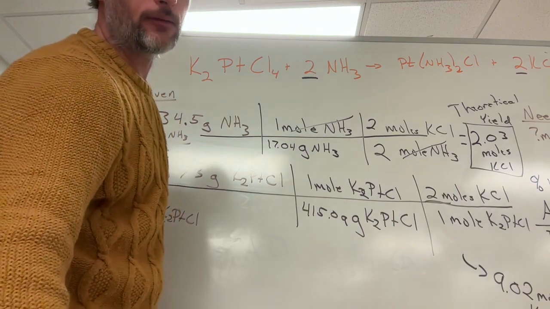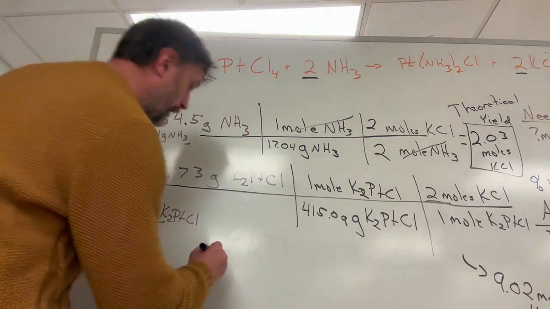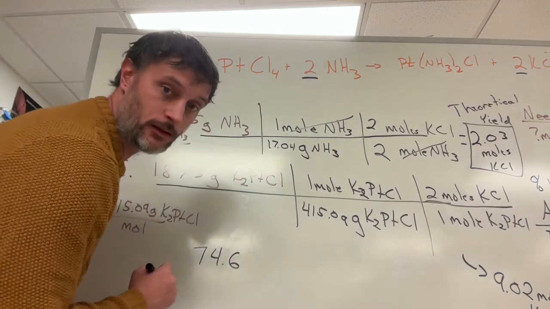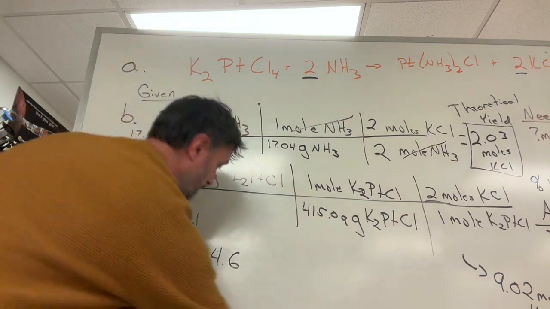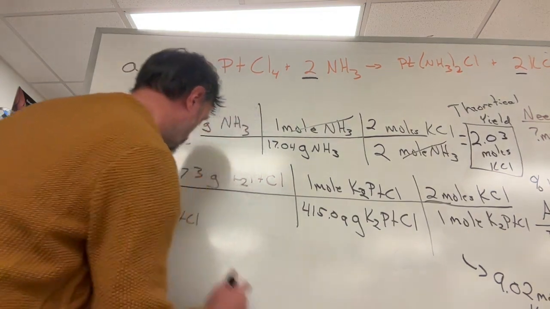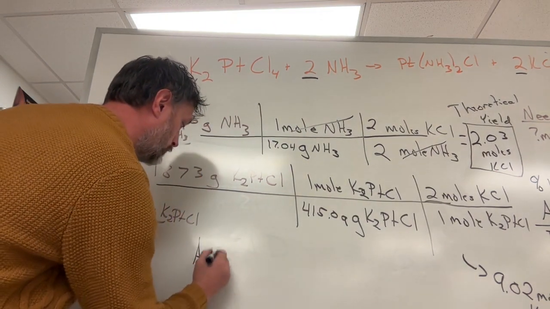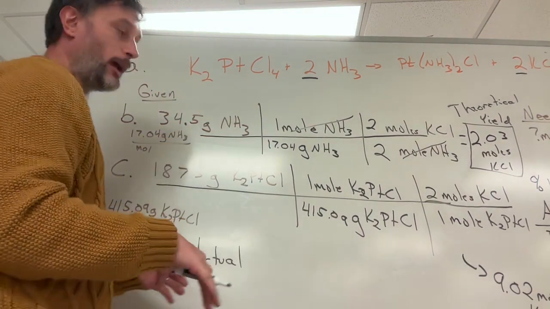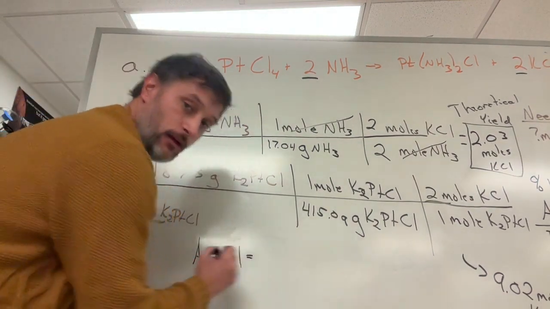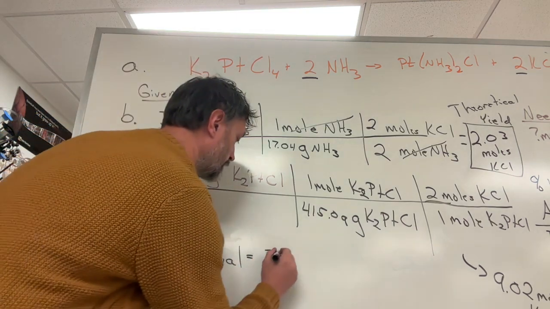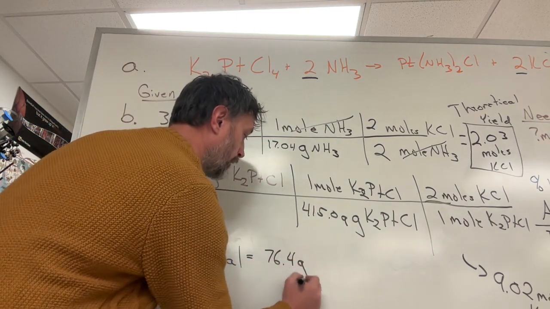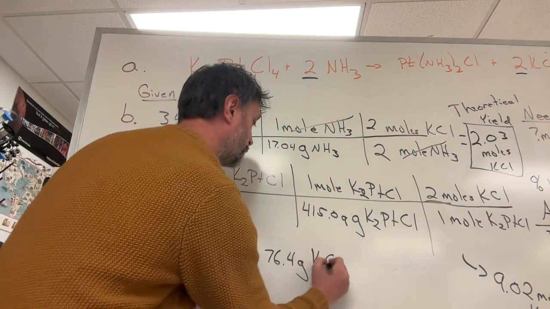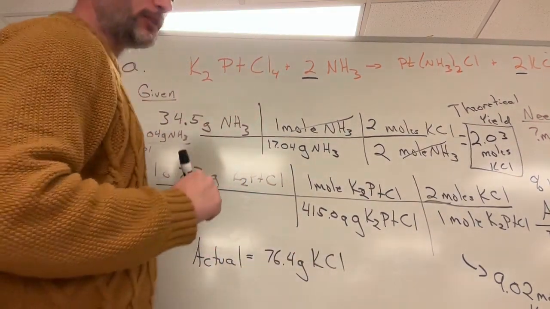Okay, so here in this problem, it tells me that I've got 74.6, nope, 76.4, I mixed those up. Our actual, so when we did the reaction, we dumped it together, and what we actually got out of that was 76.4 grams of KCl. Sorry, I'm reading from the assignment on my screen as well.